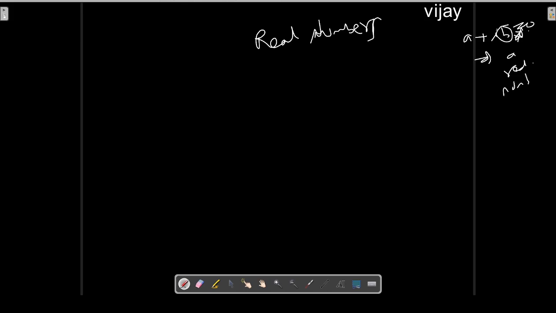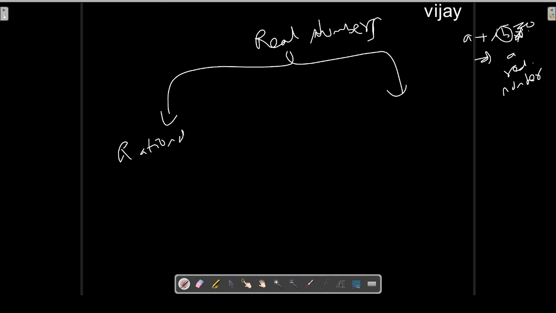So it obviously becomes a real number. So any imaginary number where b equals 0 is called a real number. Real numbers are again divided into two types: rational numbers and irrational numbers.